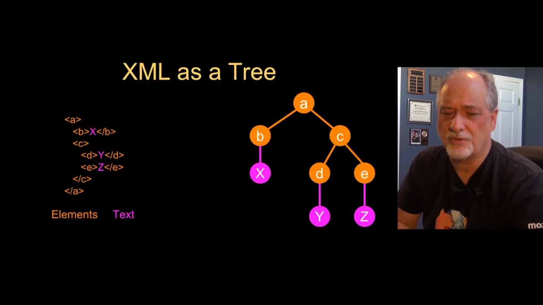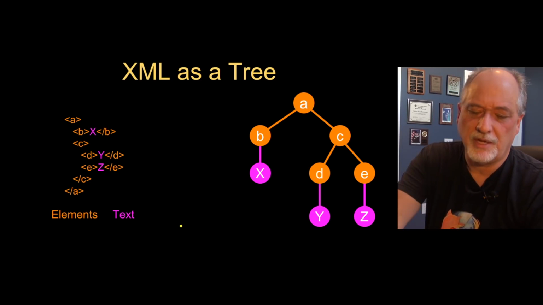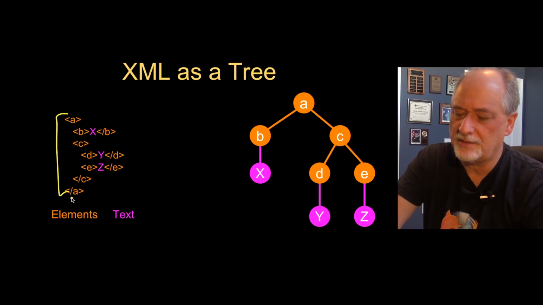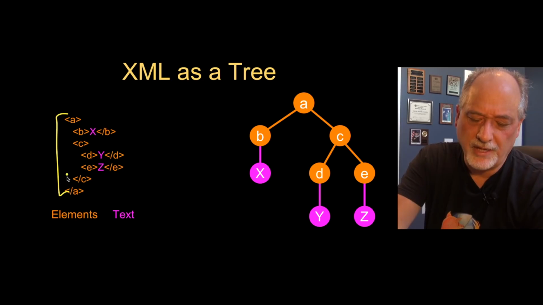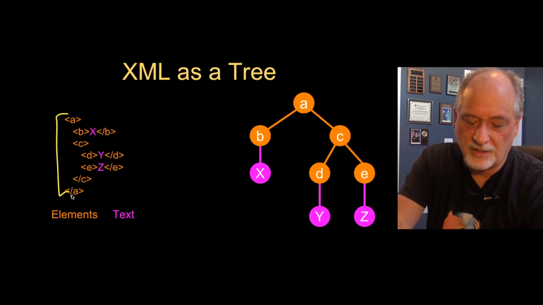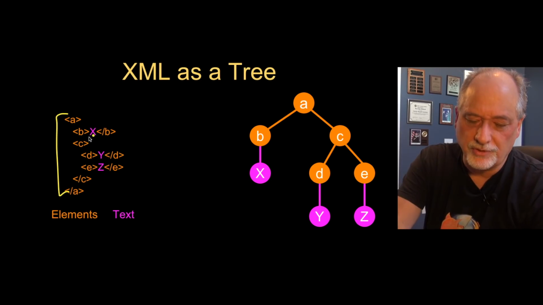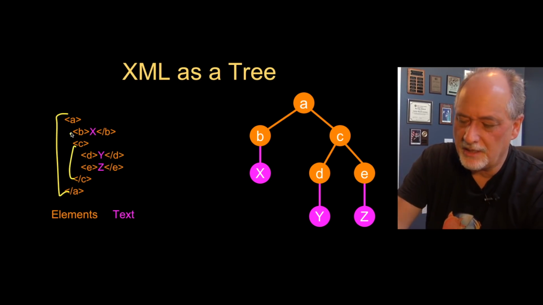The simple and more natural way to think about this is a tree with parent-child relationships. So here we have this A tag on the outside, and that's the top level one. You can only have one outer tag, and you can't have another tag down here. So you have to have one tag that's the root tag for everything in this XML document, and it has two children. So the C tag and the B tag are two children.